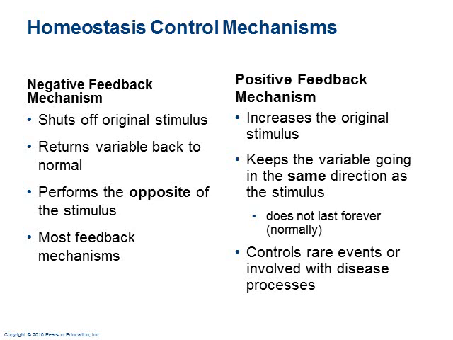You can imagine this would be a very dangerous thing to use a positive feedback if we wanted to control, say, temperature. If it was under a positive system, if temperature goes up, the response would then be to cause it to go up even more. And eventually we would be so hot that we wouldn't be able to survive. So temperature and most other systems in our body are controlled through negative feedback.